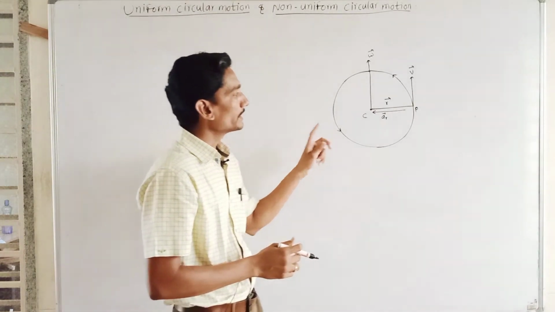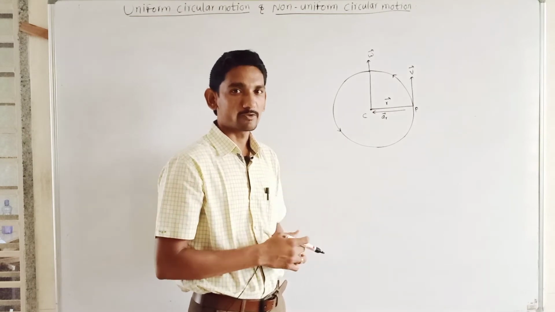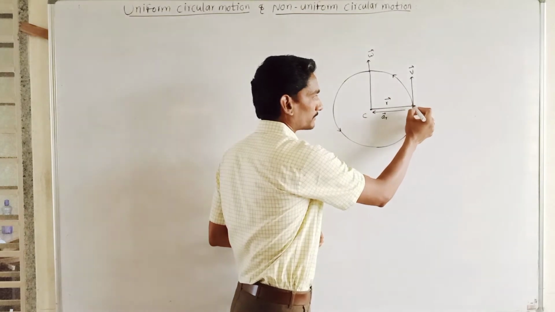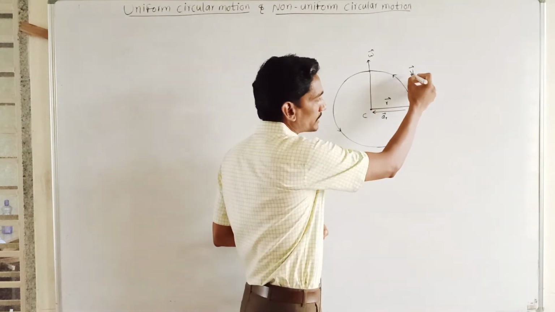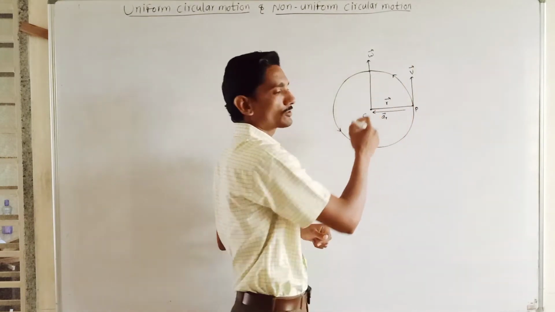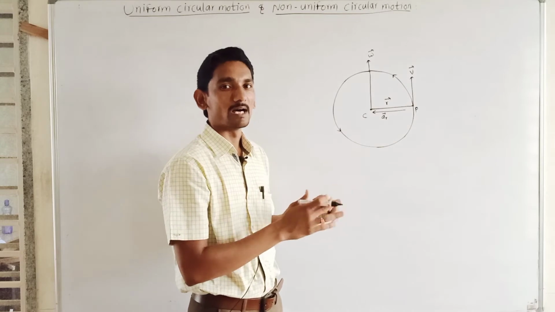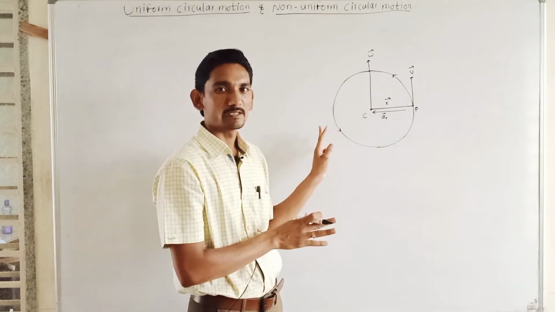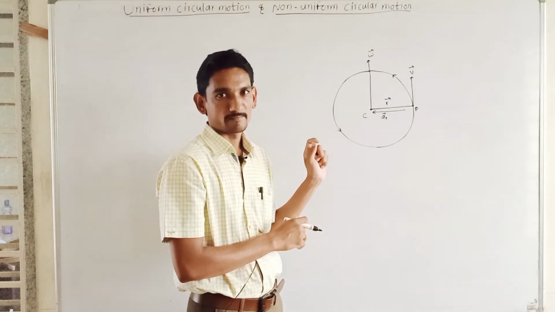In uniform circular motion, what is the direction of velocity? Suppose the particle is at this position at a particular instant. Then this tangent gives the direction of linear velocity. So the tangential path to the circular track at every instant gives the direction of linear velocity.